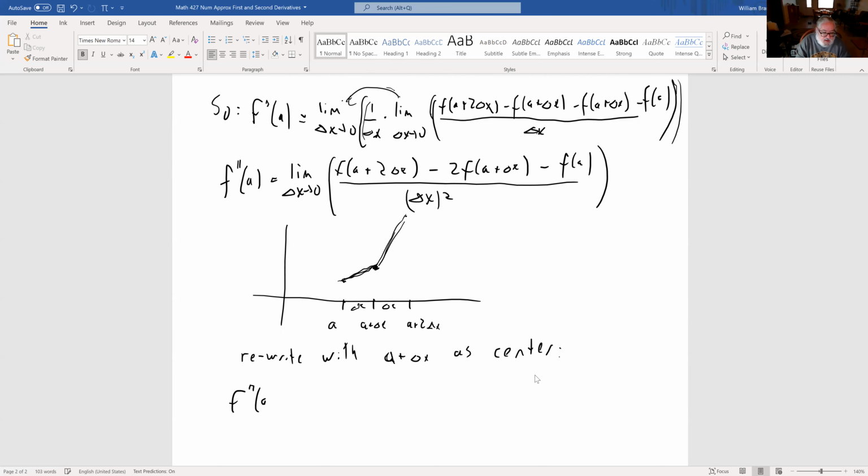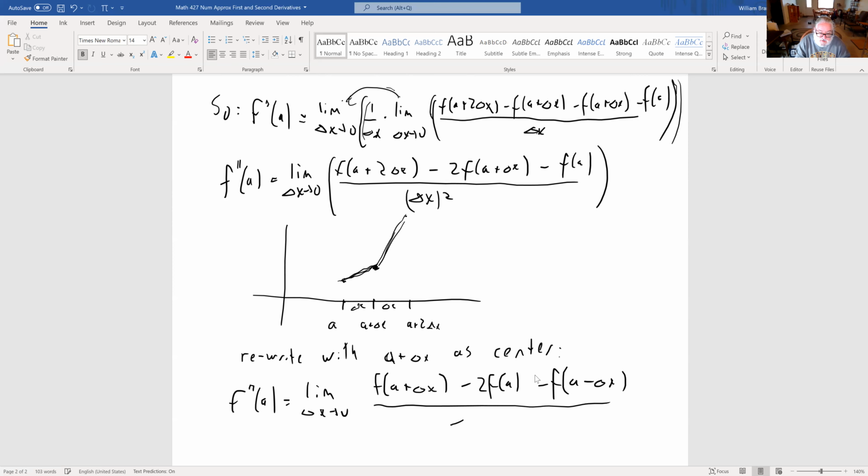So f double prime at a equals the limit as delta x goes to 0 of f of a plus delta x minus 2 f of a plus f of a minus delta x all over delta x squared.